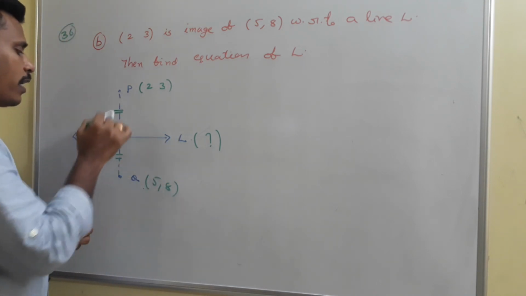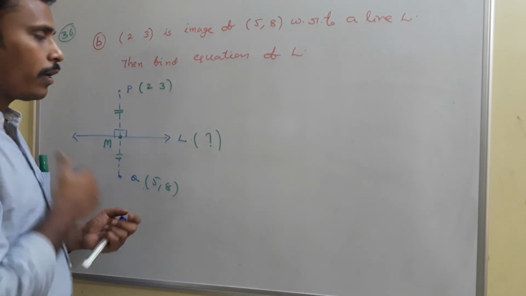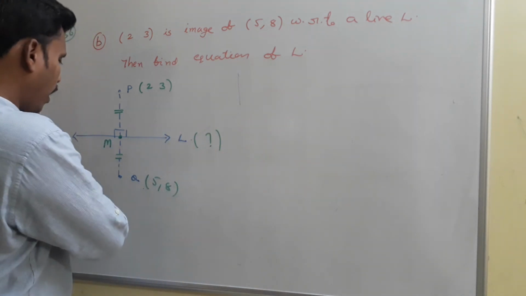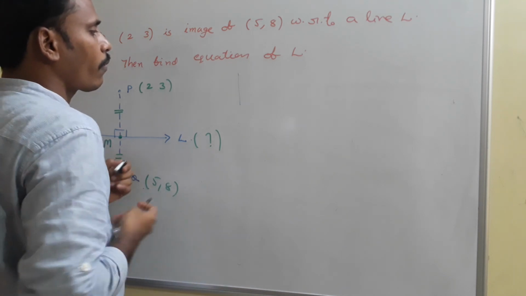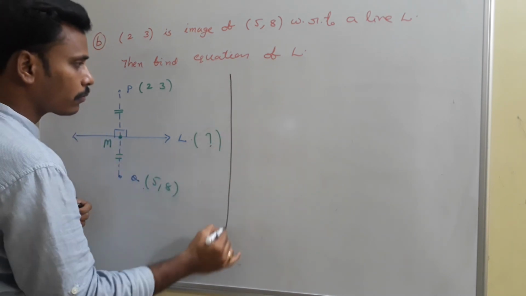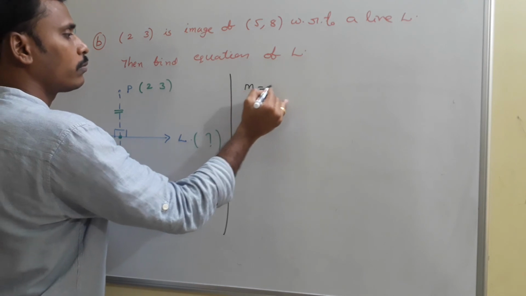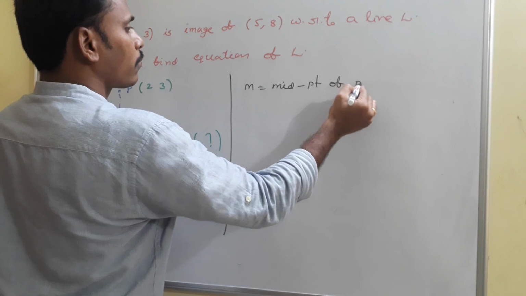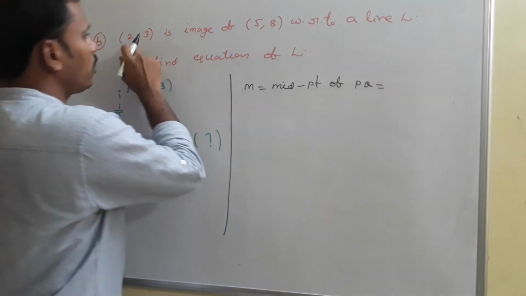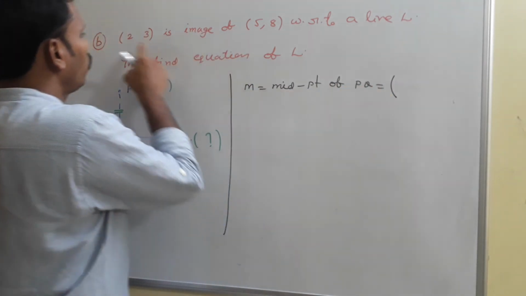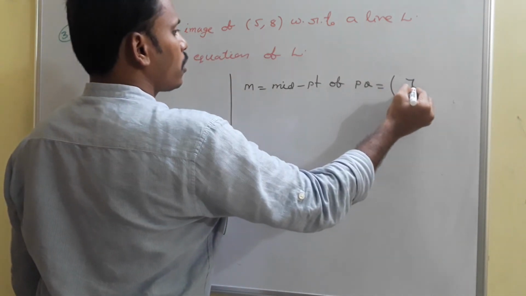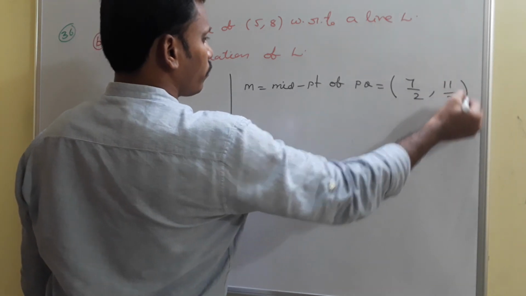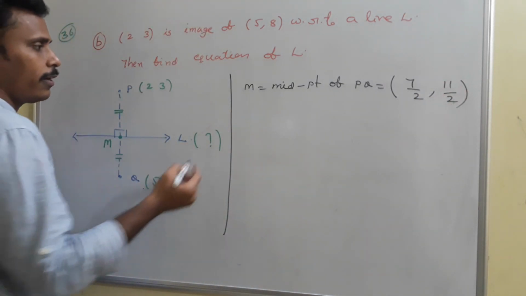The slope of L and point M will give us the equation of L. Now M is equal to the midpoint of PQ, and that midpoint of PQ is what? These two are points P, Q. As I told you, x1 plus x2 by 2, which is 7 by 2, comma y1 plus y2 by 2, nothing but 11 by 2. Yeah, midpoint of PQ is clear.